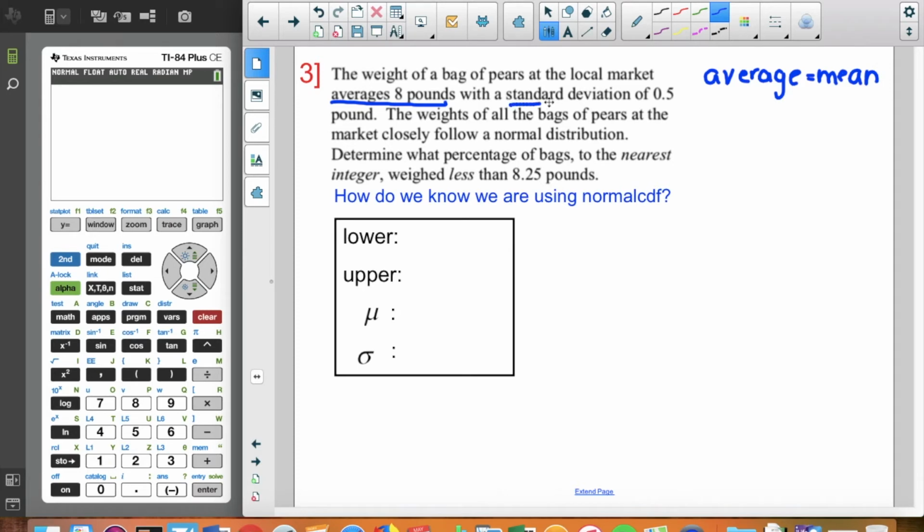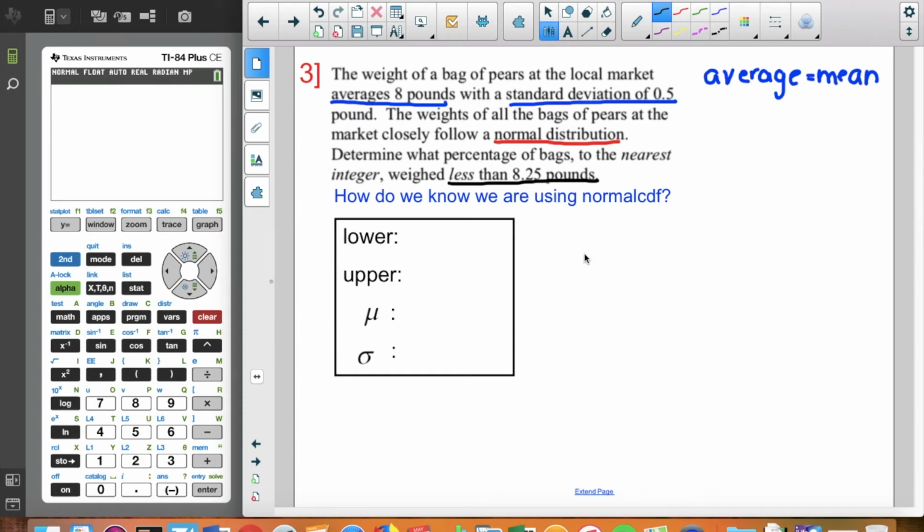And then it has a standard deviation of 0.5 pound. The weights of all the bags of pears at the market closely follow a normal distribution. This is super important because it tells us why we can use normal CDF. Determine what percentage of bags, to the nearest integer, weighed less than 8.25 pounds.